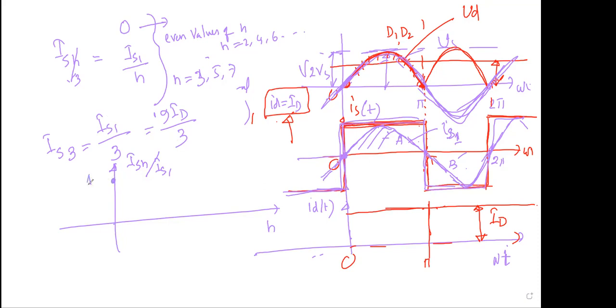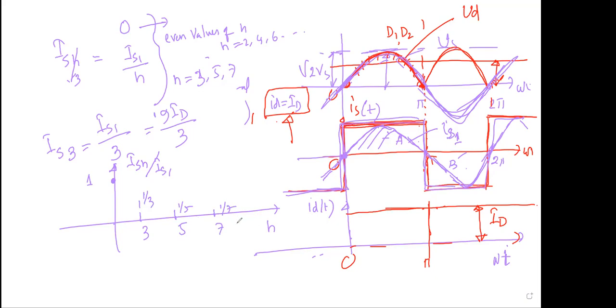Then third harmonic, 1 by 3, fifth harmonic, 1 by 5, this will be 1 by 7.